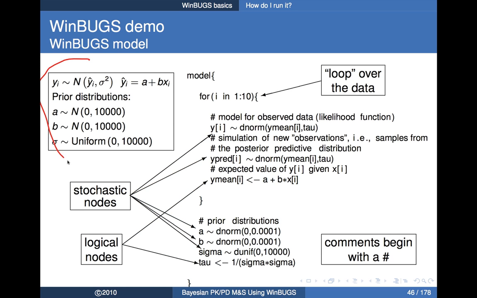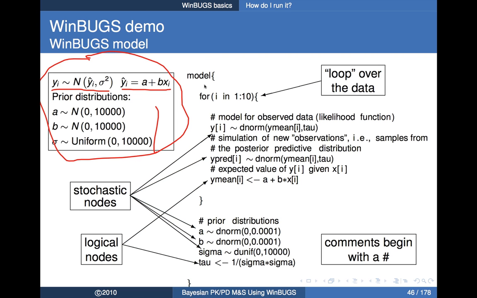In fact, right here, that linear regression model is repeated. So we've got our thing again where yi is distributed normal with some mean yi hat, variance sigma squared. The yi hat is just a straight line relative to x, and then we have our priors. So that's the statistical notation. How do we translate that into a BUGS model?